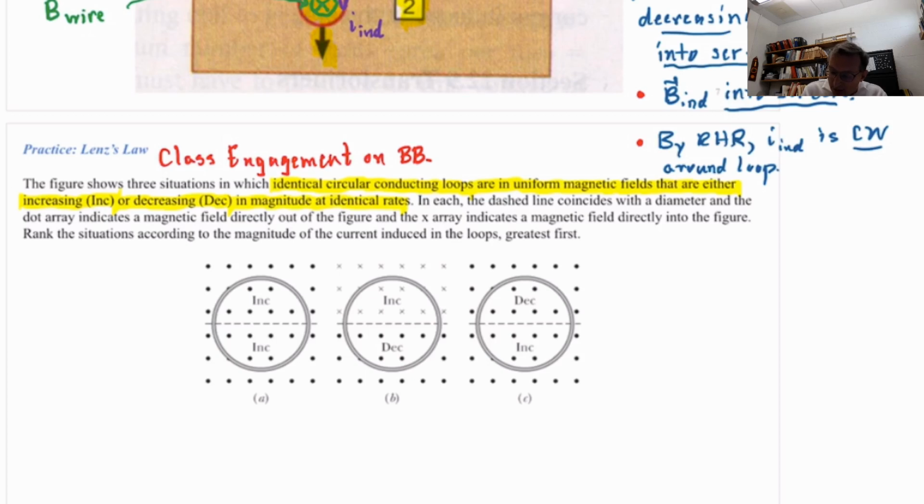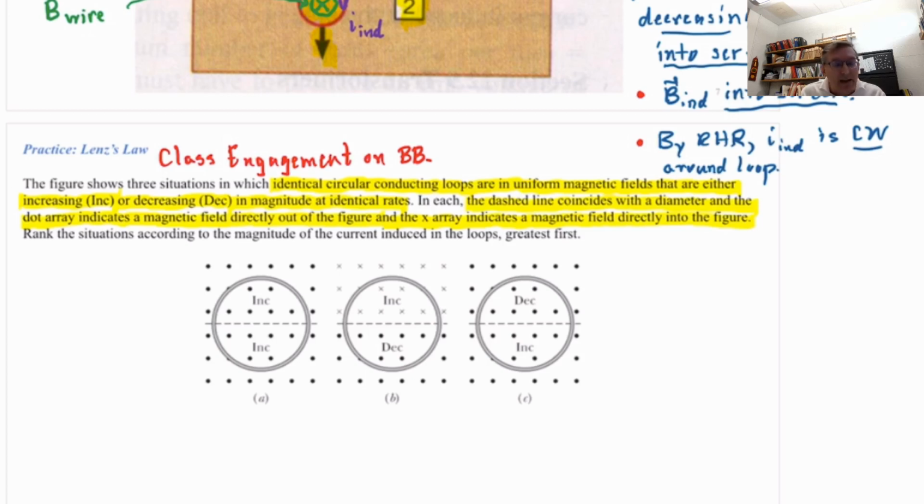In each situation, the dashed line coincides with the diameter. See the dashed line going right down through the middle? And the dot array indicates a magnetic field directly out of the figure, and the X array indicates a magnetic field directly into the figure. So in A, in both the upper half and the lower half, I have a magnetic field out of the screen, increasing.